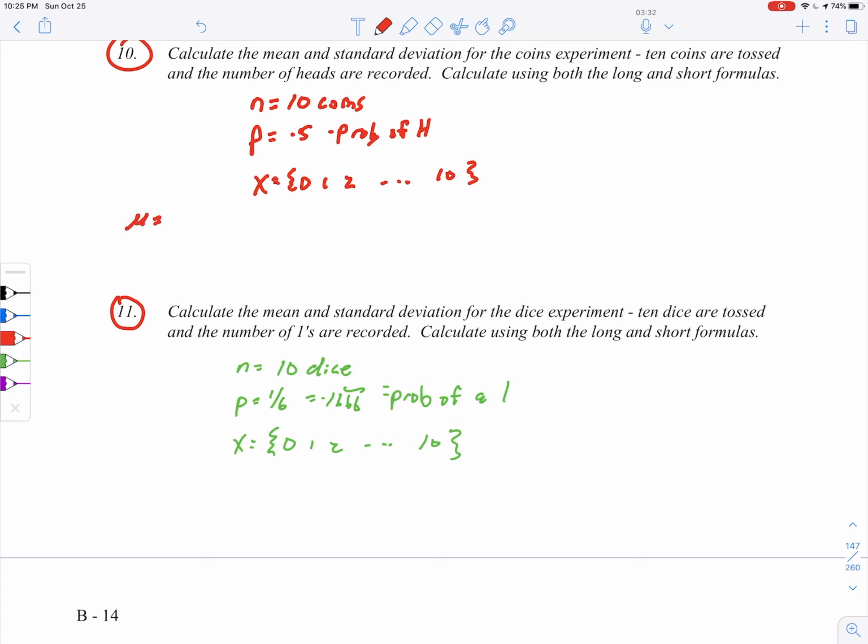And then finally, sigma will be the square root of that, which I think was 1.58.